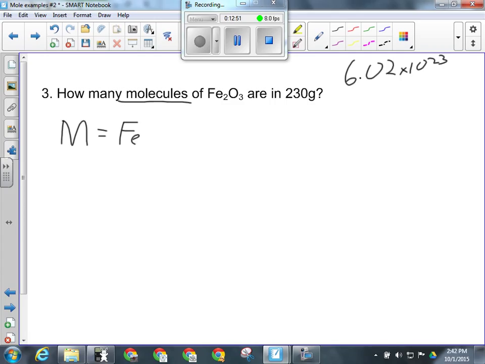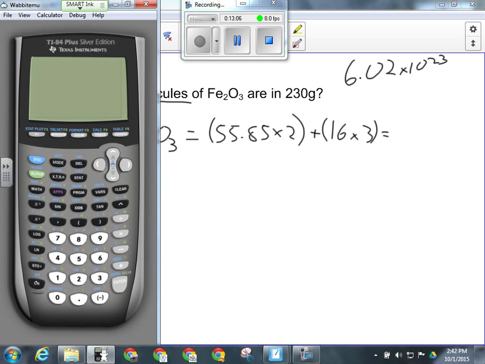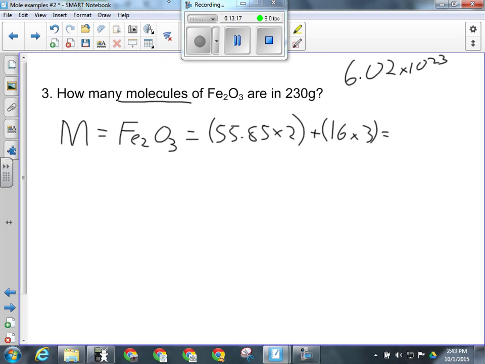They tell us the material is iron 3 oxide, which means I can calculate the molar mass. So 55.85 times 2 plus 16 times 3. Okay, so 159.7 grams per mole.